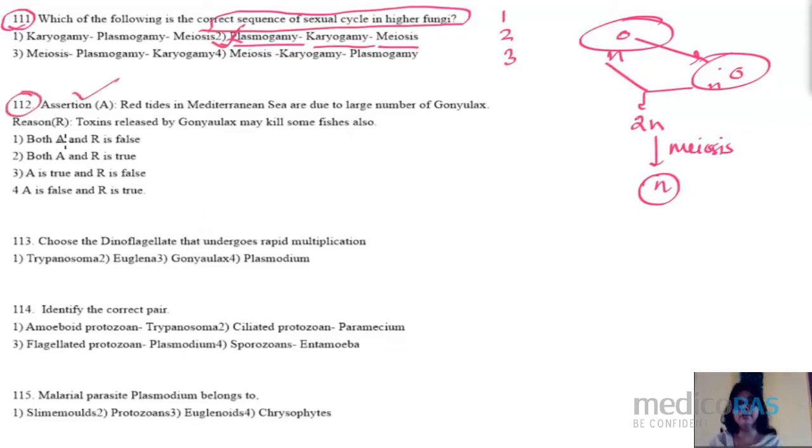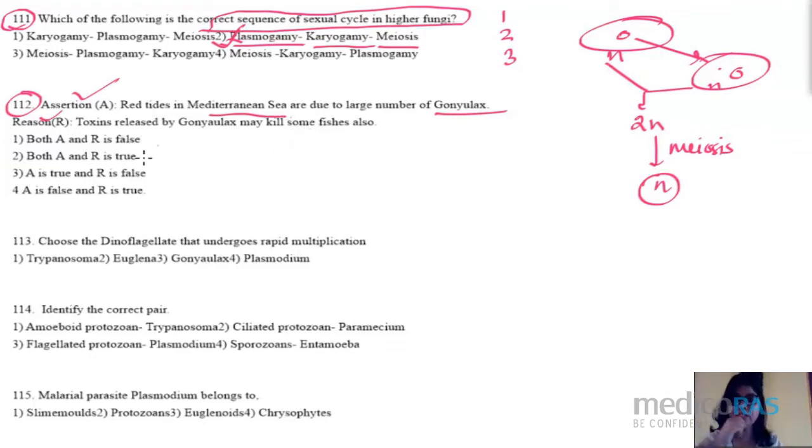In that they have given 2 things, one is assertion and the other one is reason. If you see the assertion, they have mentioned that red tides in the Mediterranean Sea are due to the large number of this, and yes, this is correct, because we know that Gonyaulax is nothing but the Mediterranean Sea organism, right?